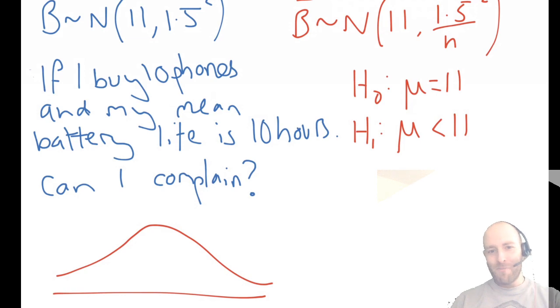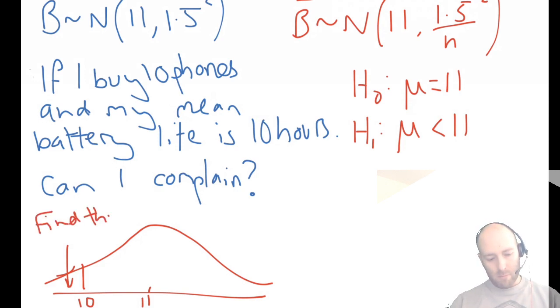To draw, yeah, definitely draw a normal distribution for my sample means. So the mean should be 11. I found that my mean was actually 10. So we're trying to find out if this probability is likely to happen. So we're trying to find this area. So we're doing a one-tailed test.